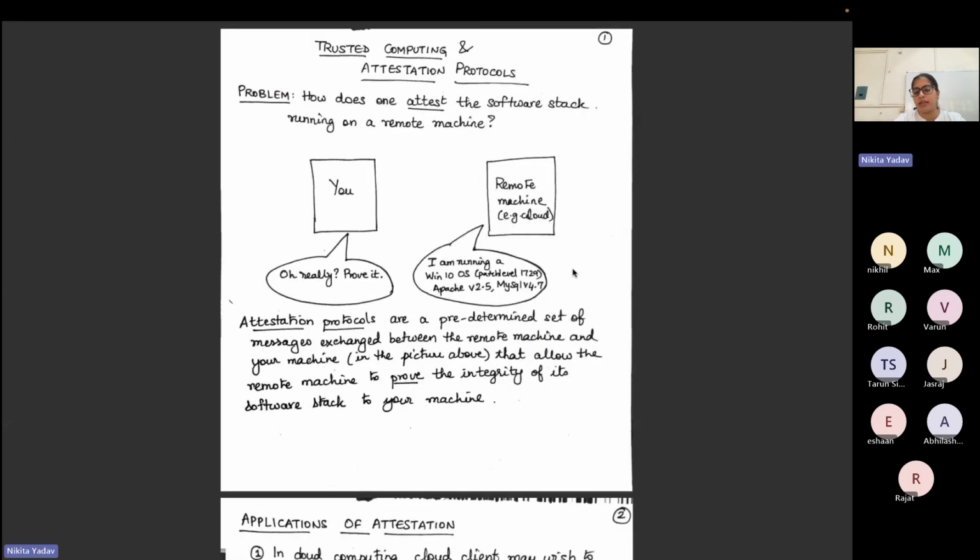So any entity, hardware or software both, can serve as a root of trust, but in this particular setting we trust only the hardware because we have to attest the entire software stack, so we do not trust any software.